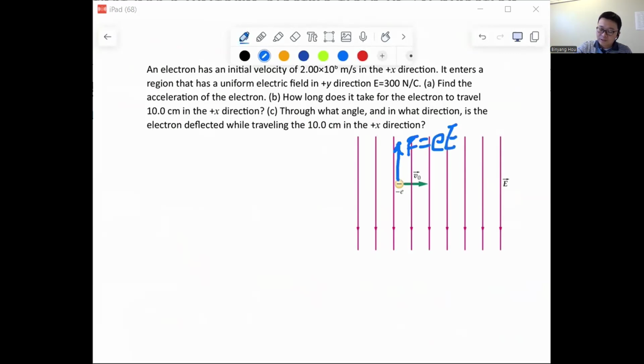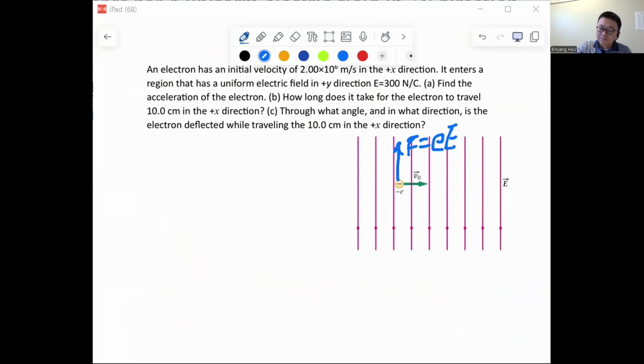So you can see the electron, as it goes through here, is like a projectile motion. You have gravity here now in the form of the electric force or electric field. The force is actually pointing upward.